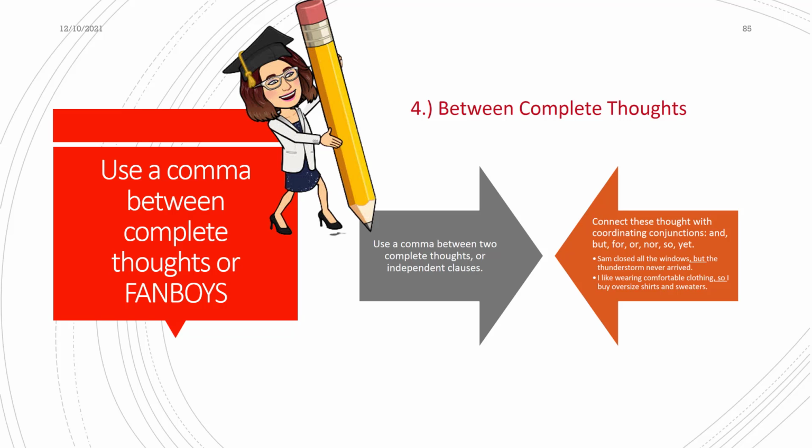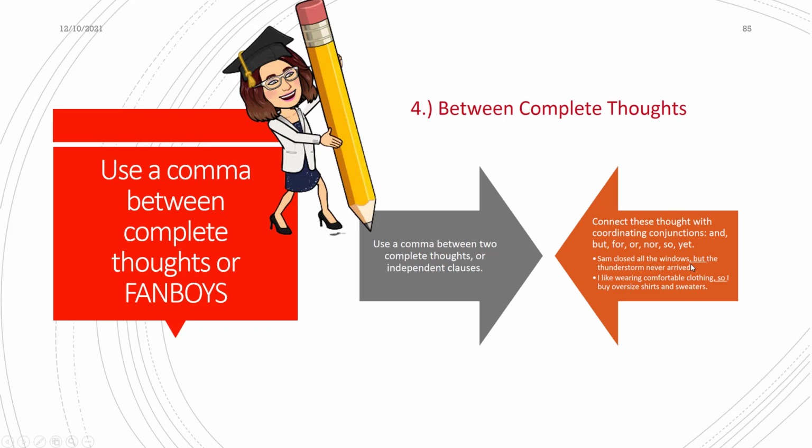And we also use a comma when we have FANBOYS. So, John is smart, but Mary is smarter. When you have FANBOYS, for, and, nor, but, or, yet, so, and those coordinating conjunctions combine two sentences, you have to have a comma.